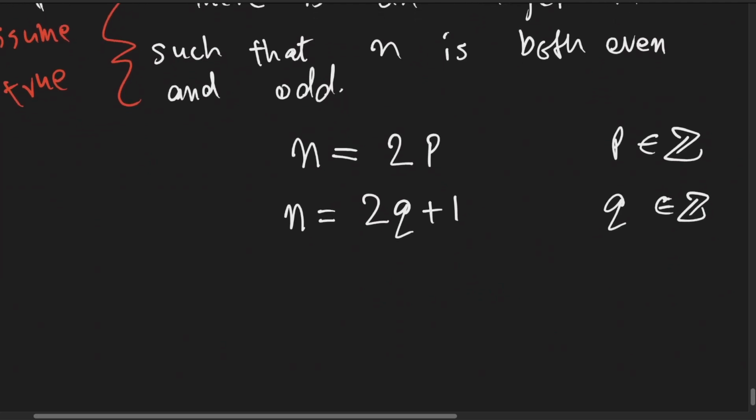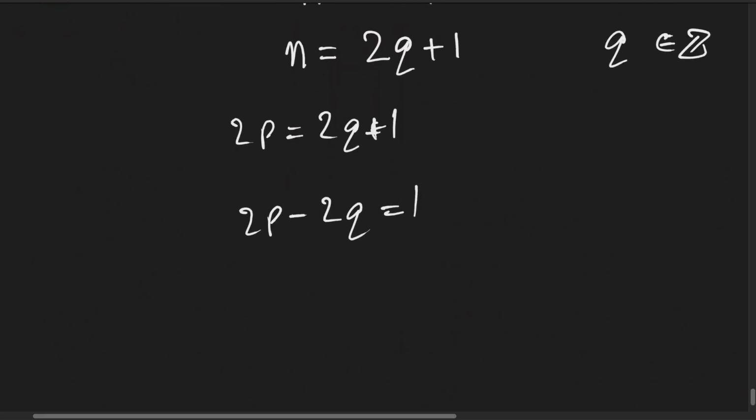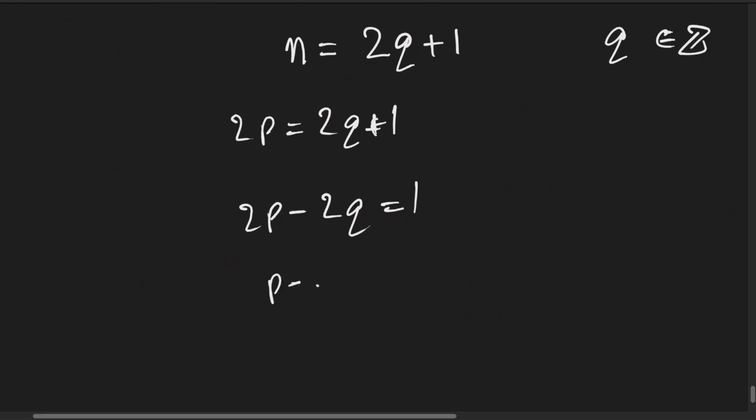Now we can equate these two and write 2p is equal to 2q plus 1. If we simplify this a bit, we get 2p minus 2q equals 1, and we can simplify this to p minus q is equal to 1 over 2.